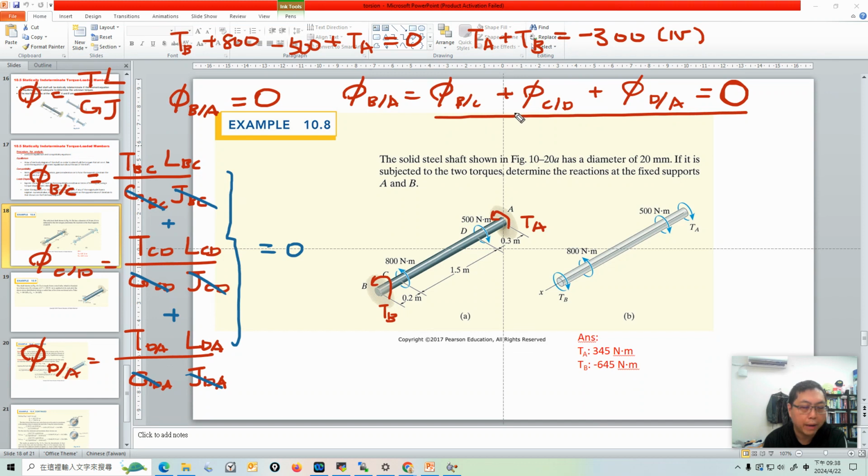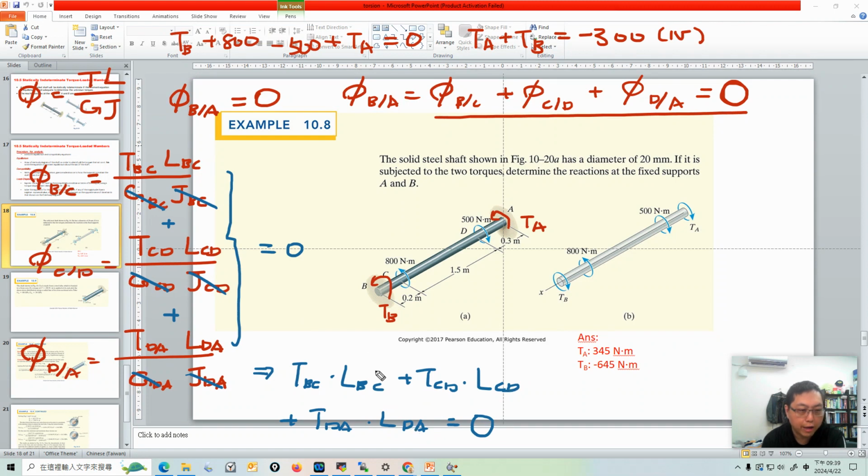So we can divide them out, and by this condition we have T_BC times L_BC plus T_CD times L_CD plus T_DA times L_DA is equal to 0.